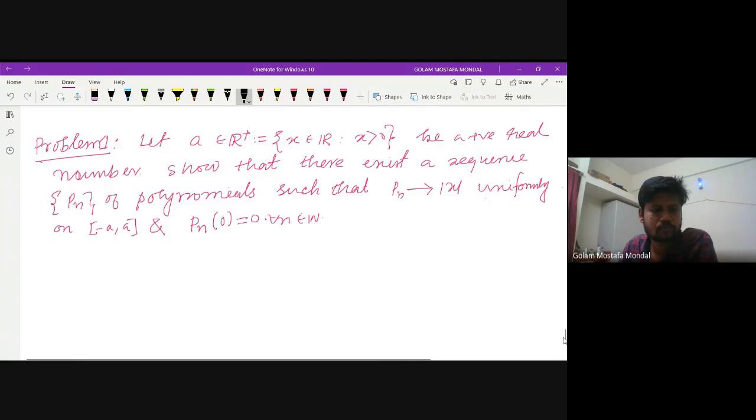Proof. So we will solve this problem using Weierstrass's approximation theorem.